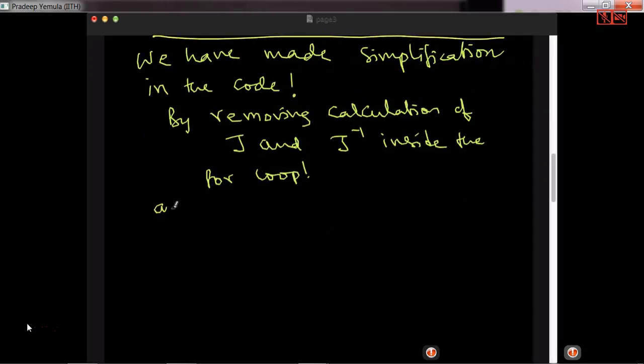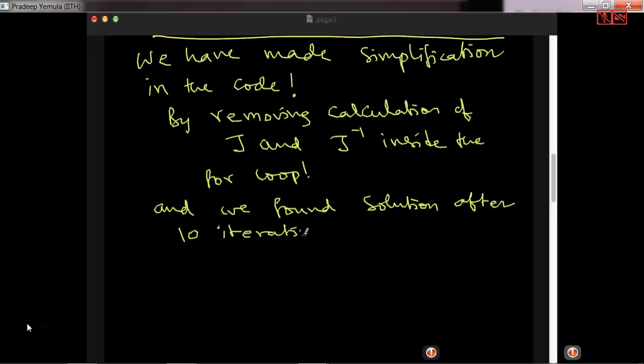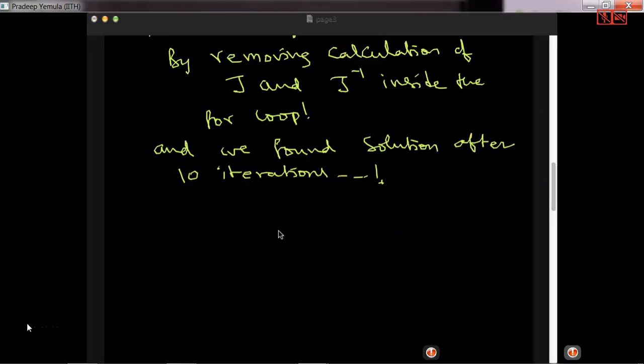And we found the solution after 10 iterations, and this is our solution. So this is V2 and this is delta 2 in degrees: 0.94237 at an angle of minus 5.48. I think this is the exact solution we got earlier also, and it is matching.